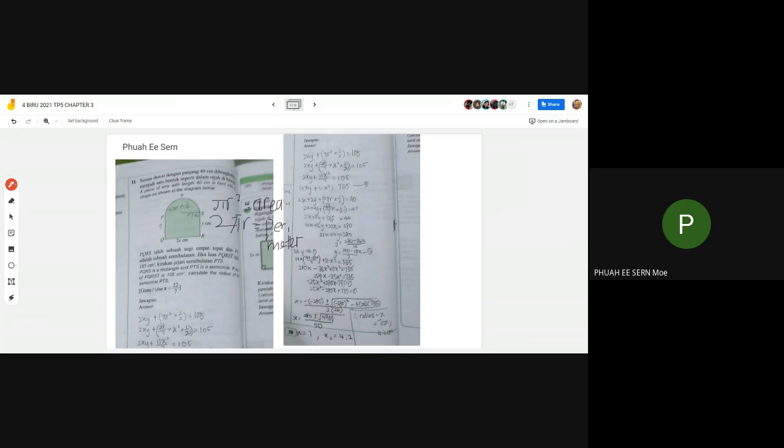Cut the 44 and 2, become 22 and 1. Then it becomes 2x plus 2y plus 22x over 7 equals 40. I times 2x and 2y with 7, and 40 with 7, becomes 14x plus 14y plus 22x equals 280.